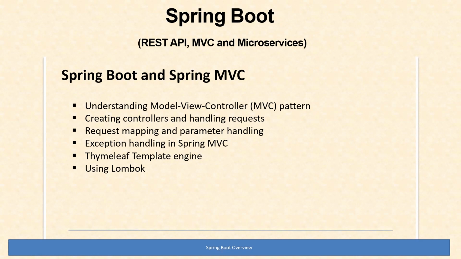We will write as many controllers as possible based on the requirements. And then for view, we are going to use the Thymeleaf template engine. Spring Boot by default recommends Thymeleaf. And we also see how the request mapping will be done, how the parameters should be handled, which we get from the HTML pages, how form binding will happen.